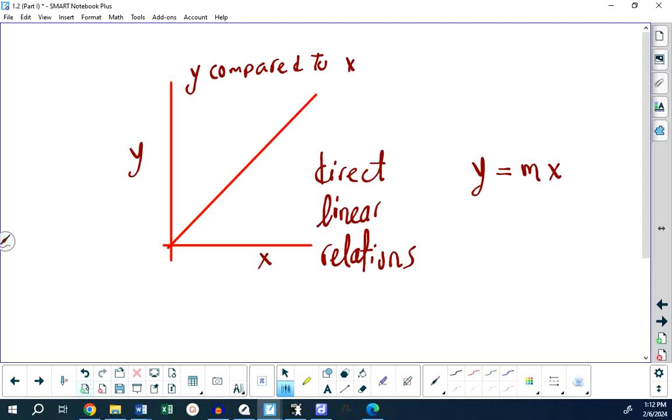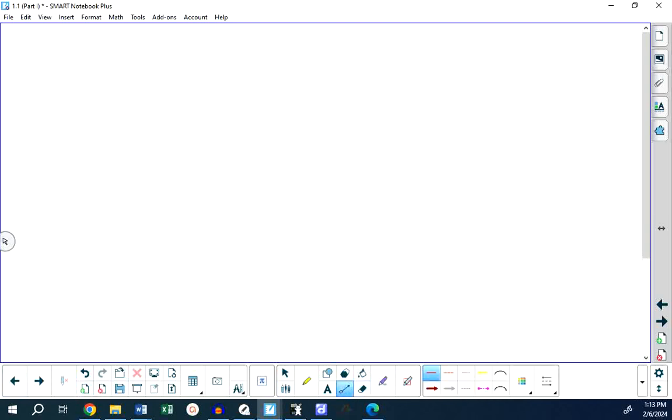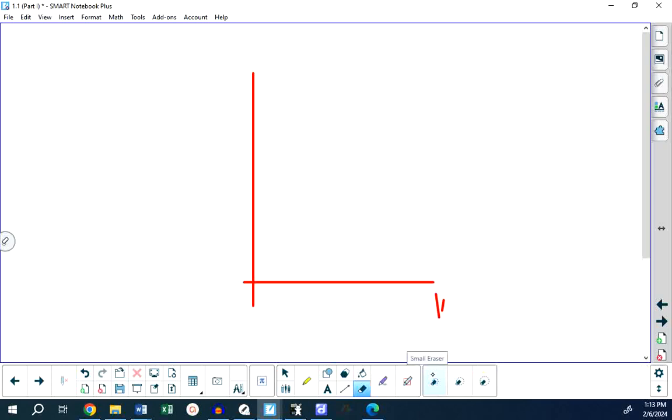In fact, the graph was, we had cookies here and grams of flour here.